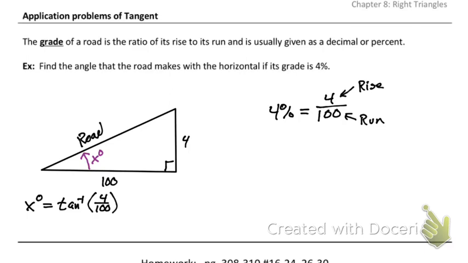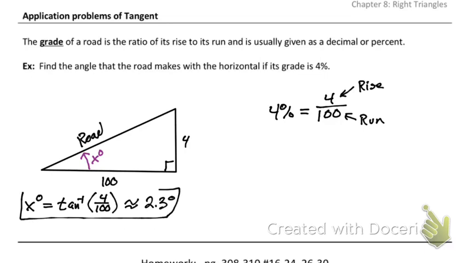If you plug in tan inverse of 4 over 100, or tan inverse of 2 over 50, or tan inverse of 1 over 25, you're going to get the exact same answer because it has the same ratio. And that ratio is going to wind up being about, to the nearest tenth, because it's a small number, 2.3 degrees.